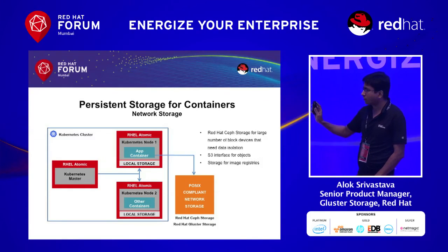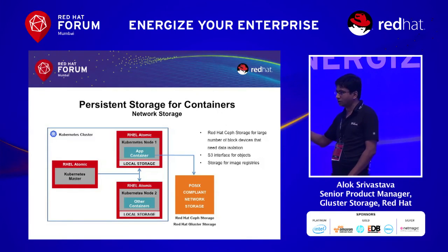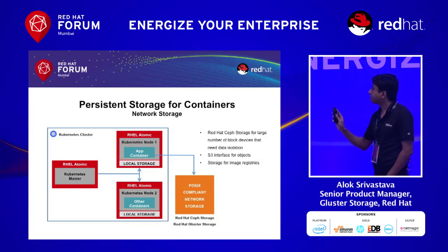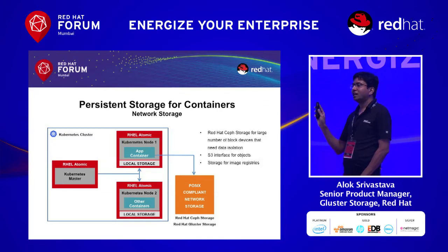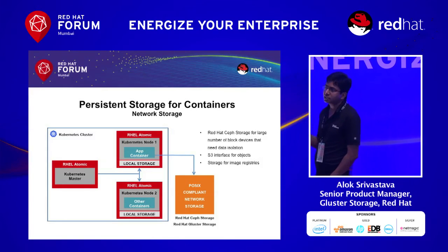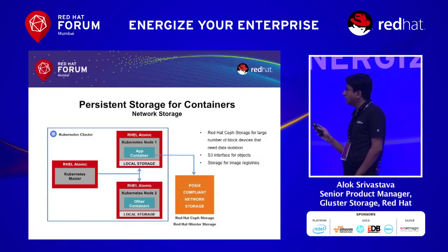By the way, some of you may not be familiar with atomic host. So RHEL atomic host is nothing but a customized version of Red Hat Enterprise Linux 7, which gets shipped with Kubernetes and Docker. So Kubernetes takes care of the orchestration, and Docker packages are used to get the containers up and running, along with serving out storage, right?